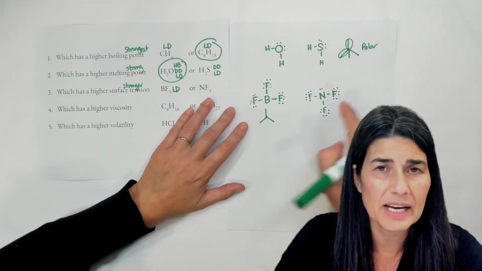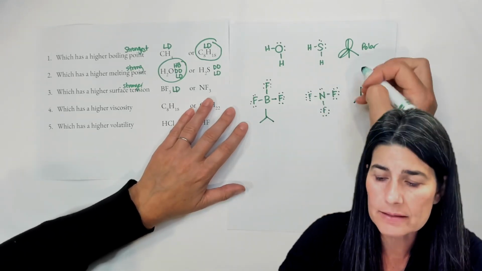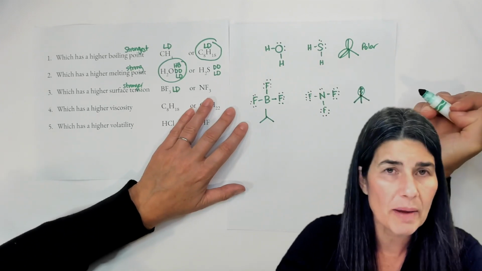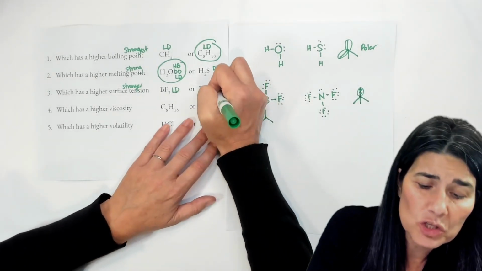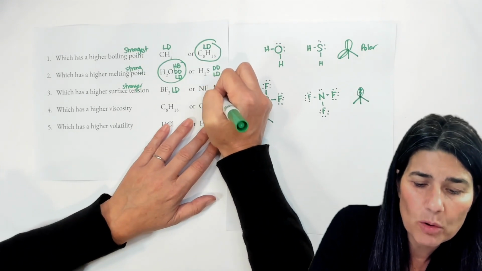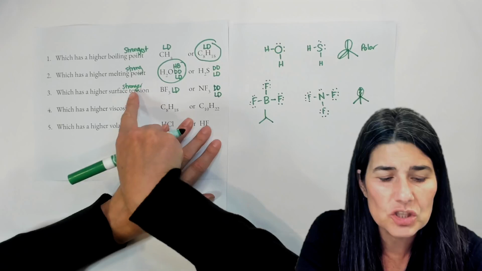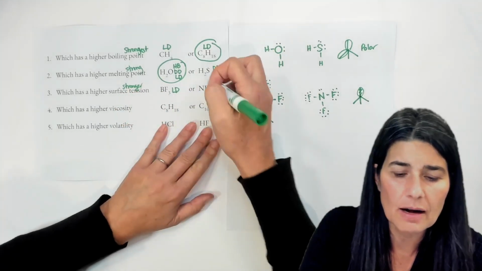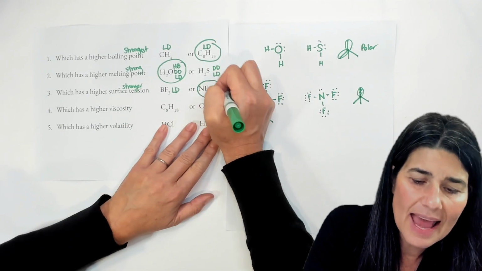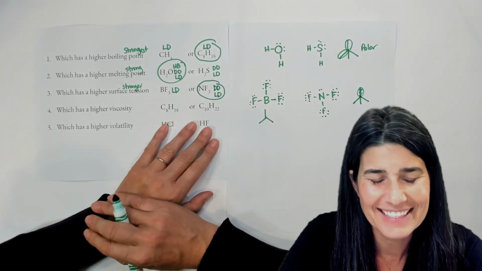For NF3, this is a tetrahedral molecule with 4 domains, where one of them is a lone pair. That is a polar molecule. Therefore, nitrogen trifluoride has dipole-dipole and London dispersion forces. We want the strongest force. So we're going to choose not just London, but the one that has London and dipole-dipole forces with it. All right, let's try another.